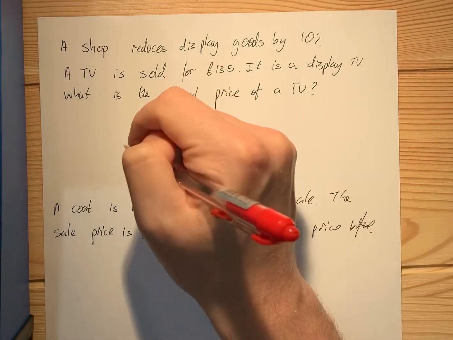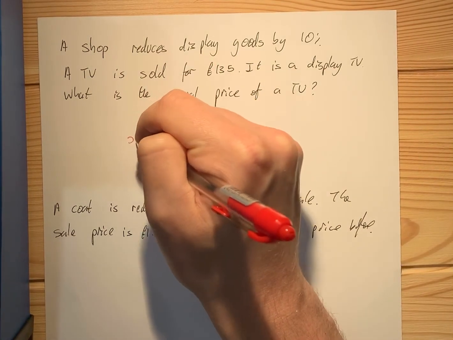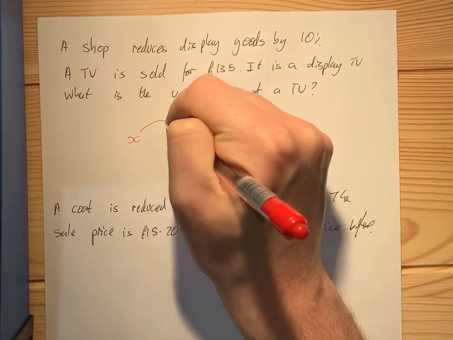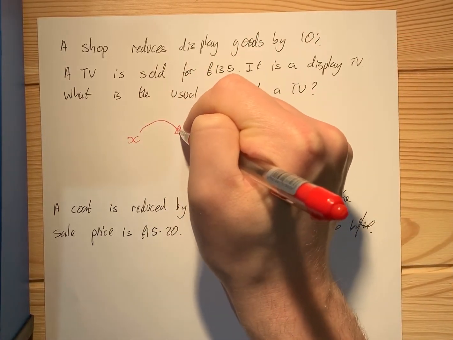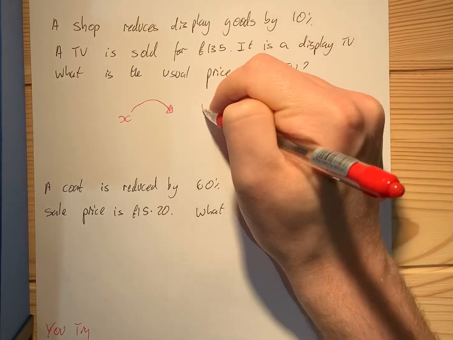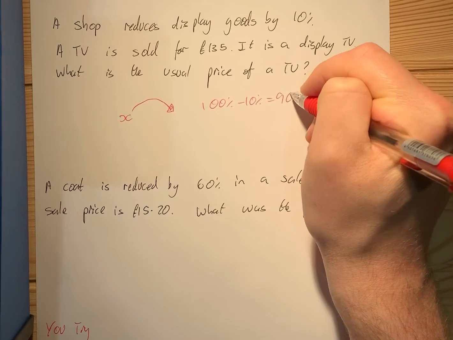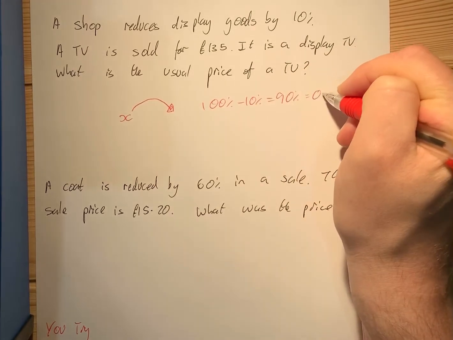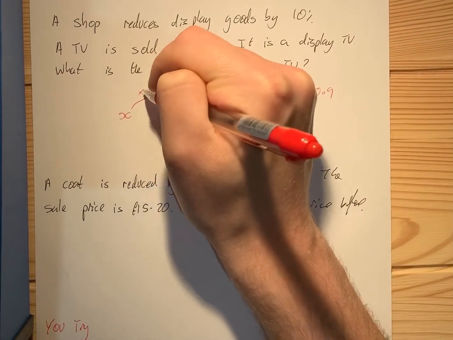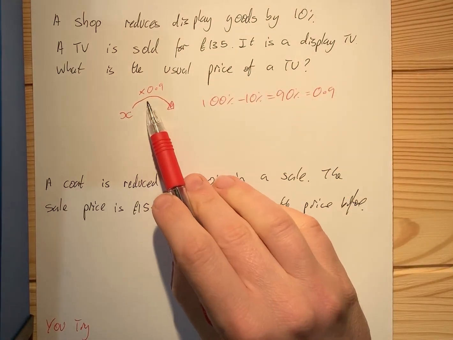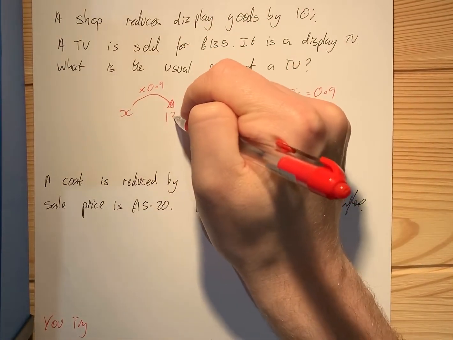So the usual price, X, but we reduce that by 10%. So it'd be 100%, take away 10%, well that's 90%, which is 0.9. So times by 0.9, so it reduces it, so it's 135.